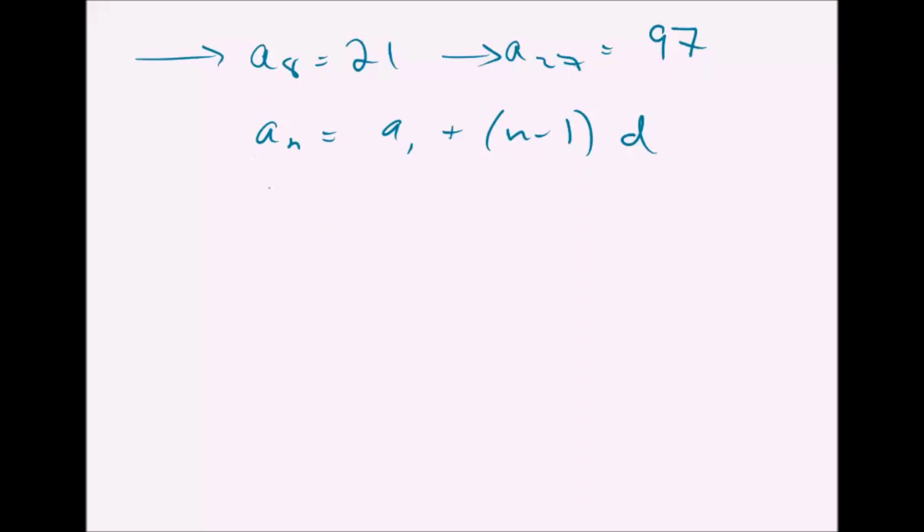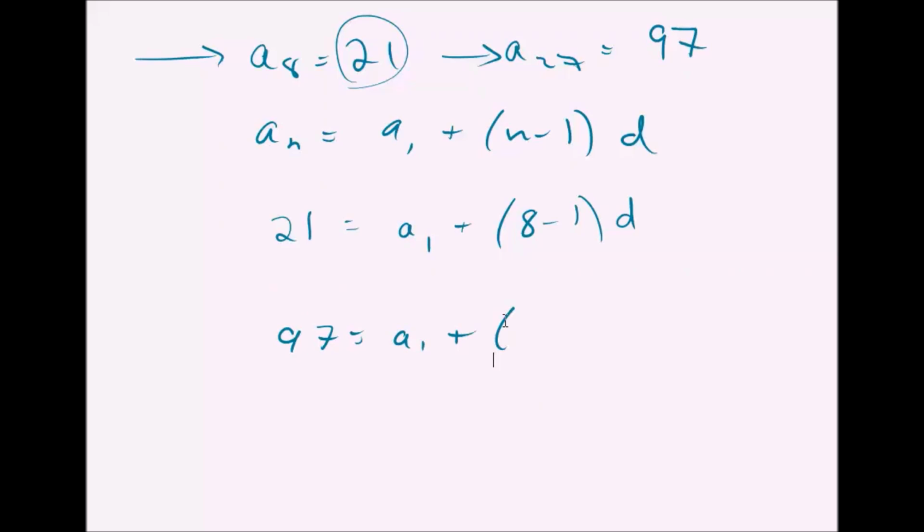So for the first one, a sub n is equal to 21, because that's the range. We don't know what the initial term is yet, but we know when n is 8, a sub n is equal to 21, so we'll plug that in. And for the second one, we know that it's equal to 97 when n is equal to 27.